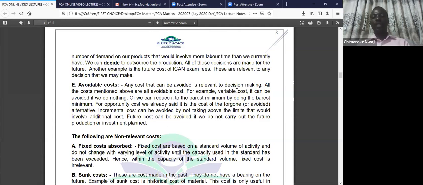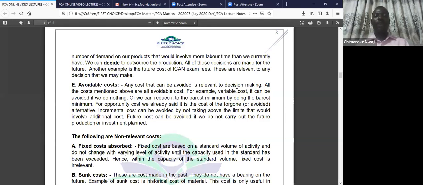What about opportunity costs? Opportunity costs are the cost of an item forgone. So you can avoid them by refusing to let them go. So you can avoid paying for the ICAN exam by using the money to go and watch a film, if that's your priority.